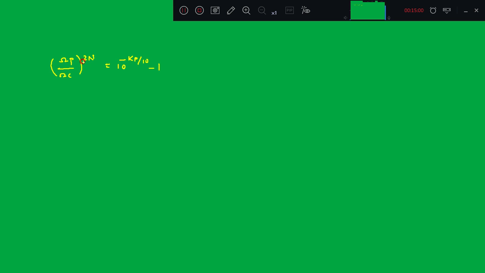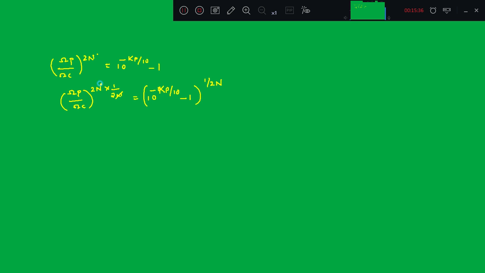Again, by taking logarithm on both sides, or else, you can shift this 2 to this side. So I will multiply the power on both sides by 1 divided by 2n.